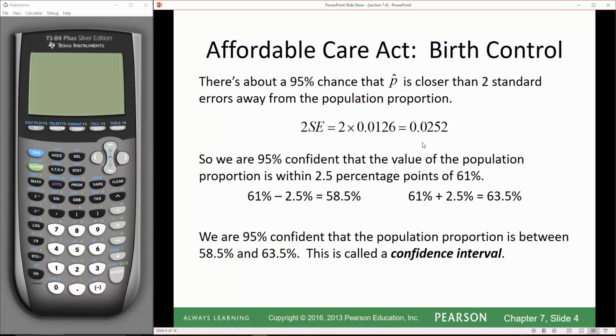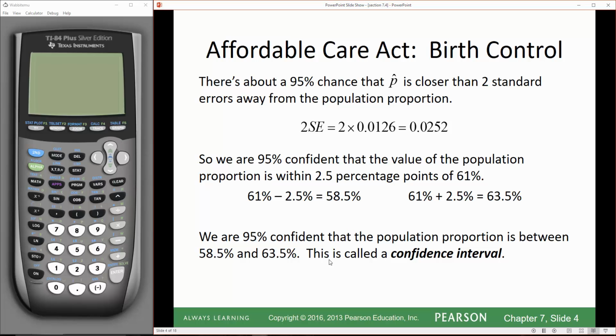So now if I take my mean, which was 61%, and subtract and add 2.5% to it, then this would be my confidence interval. So we're 95% confident that the value of the population proportion is within 2.5 percentage points of 61. So it's in between 58.5% and 63.5%.